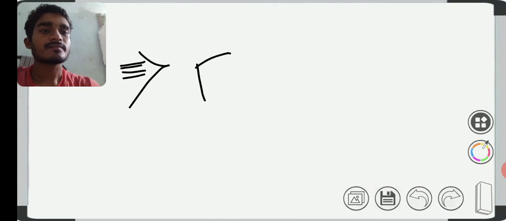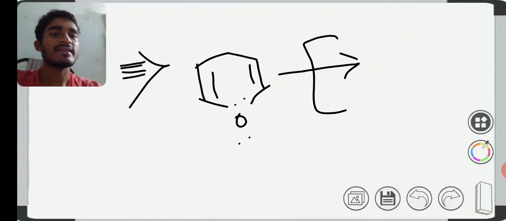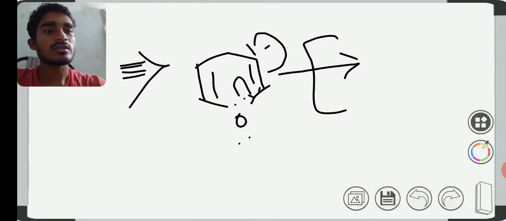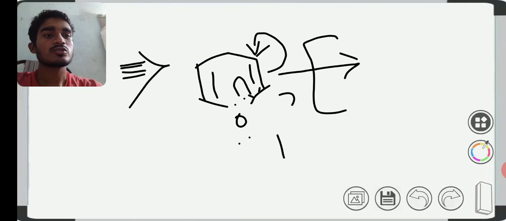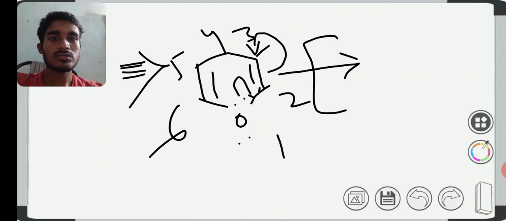This is the resonance forming of furan, the main starting material. Here the lone pair electrons go here, and this bond goes to this side. When we do the nomenclature of this furan, the numbering is 1, 2, 3, 4, 5, 6.